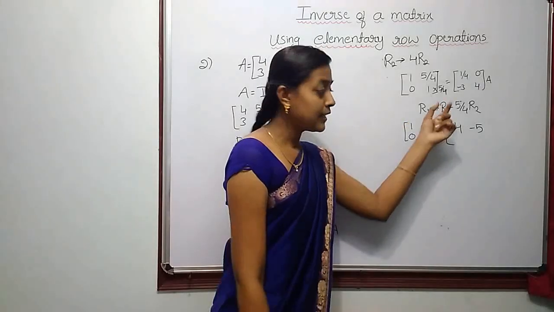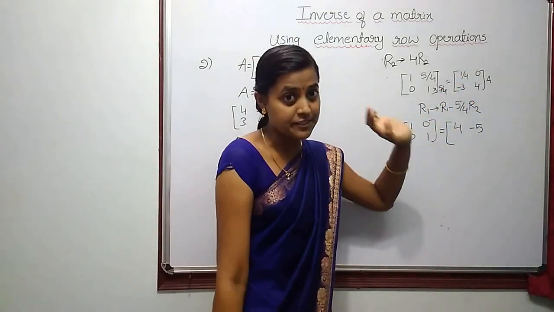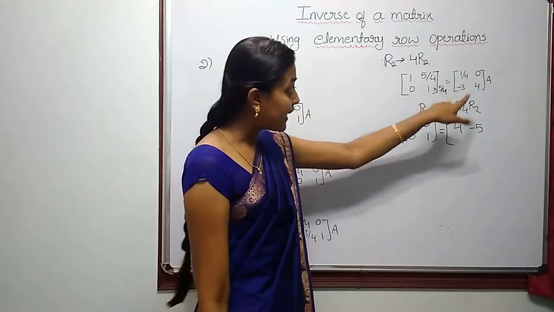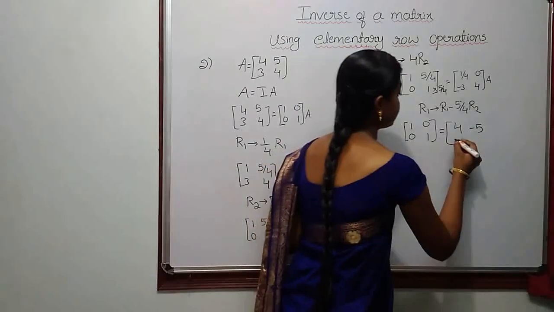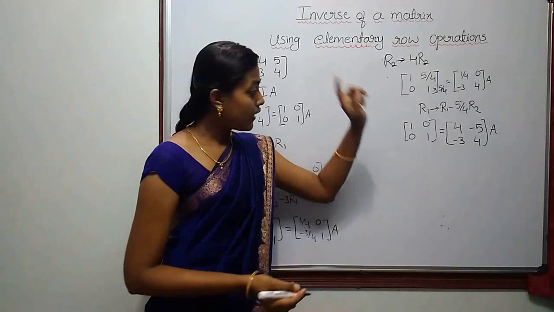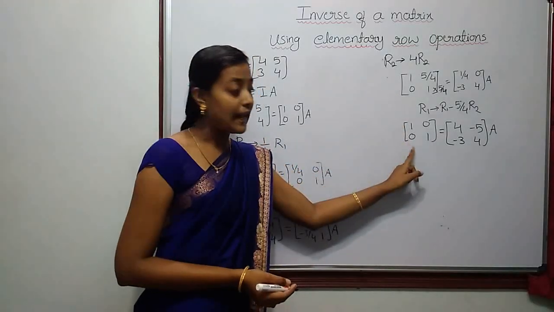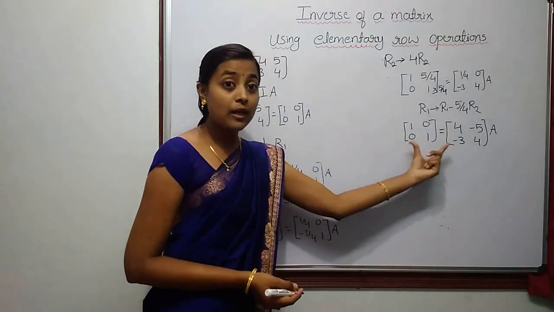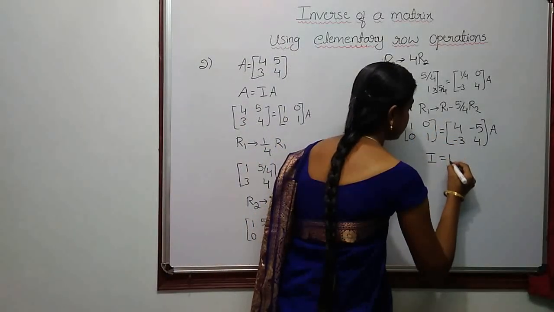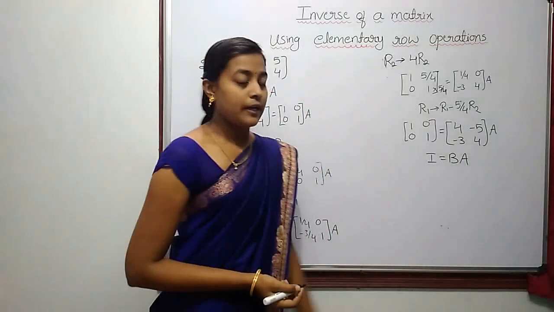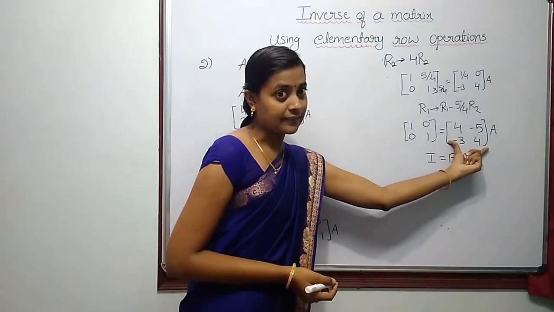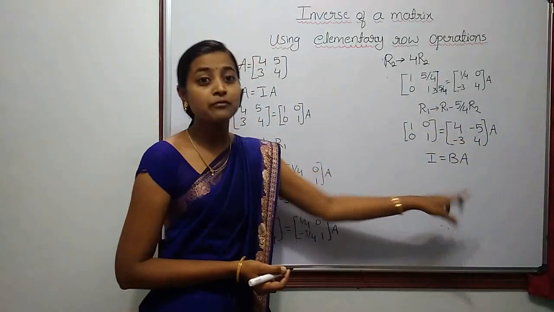We have changed the elements of first row in the RHS and we keep the elements of second row as it is. I'll write the elements of second row as it is. Now observe, we have reduced the matrix in the LHS to identity matrix. Now this equation is in the form I is equal to B into A, where B is this matrix and this is the inverse of the matrix A.